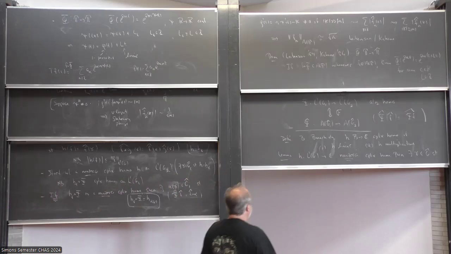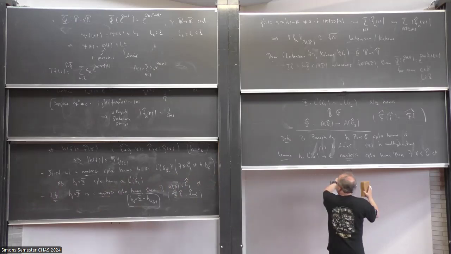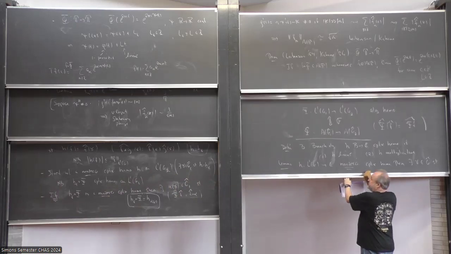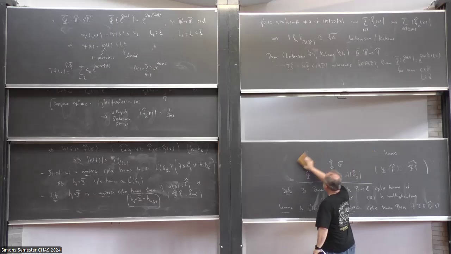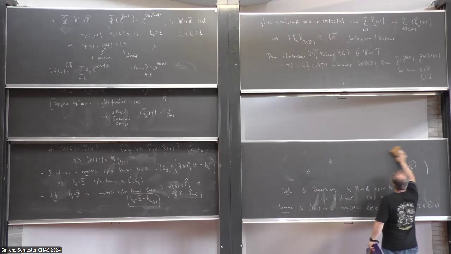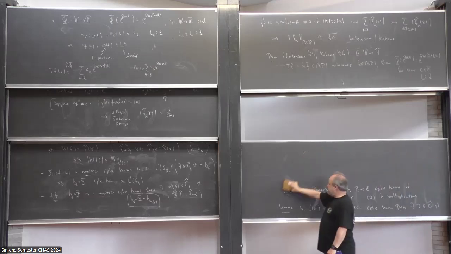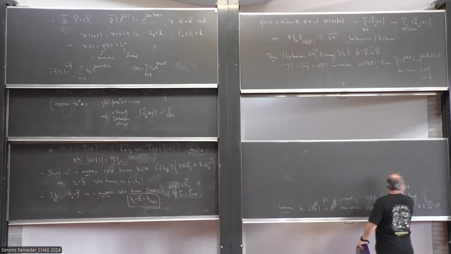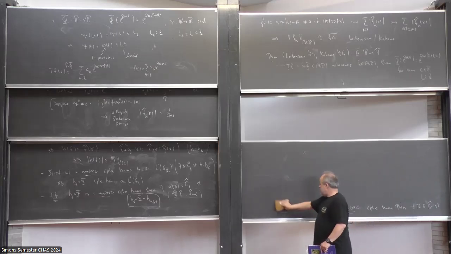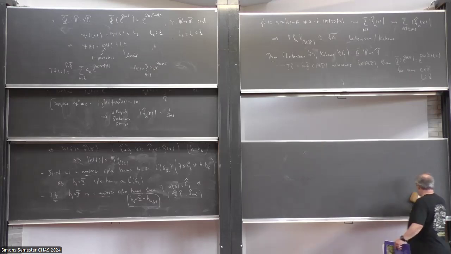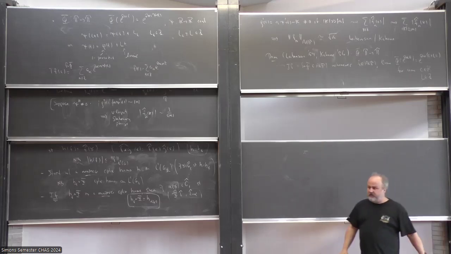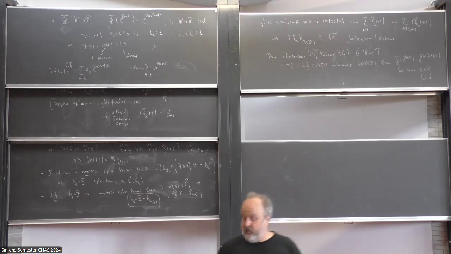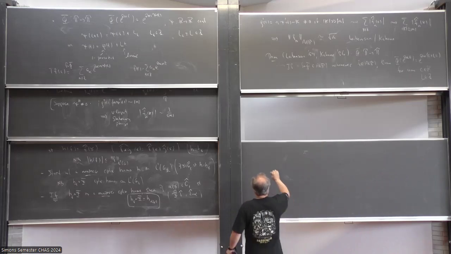I'll finish here by summarizing. I'm starting with a general homomorphism between these group algebras, between L1 of G1 and L1 of G2. What do we get?